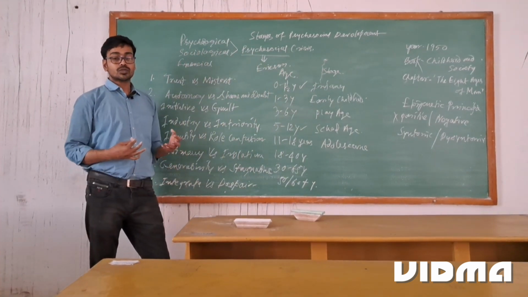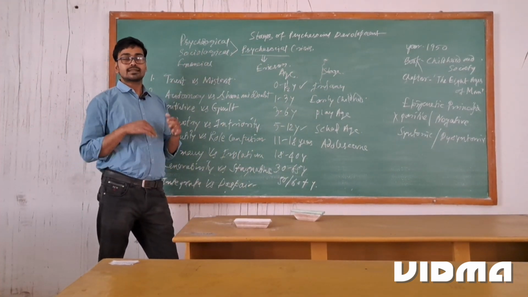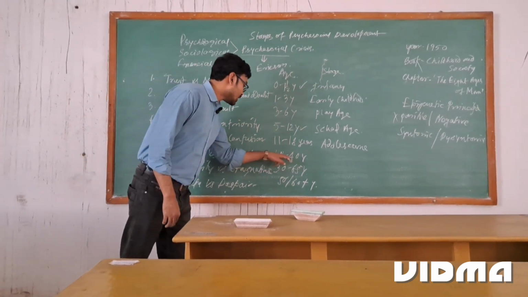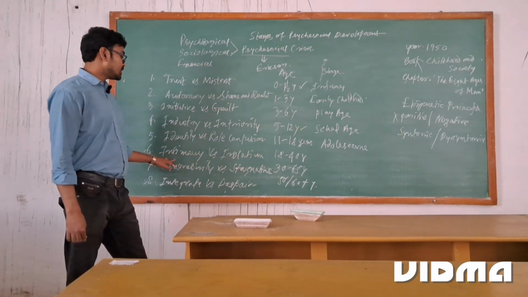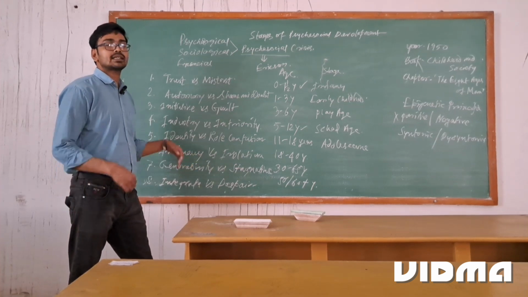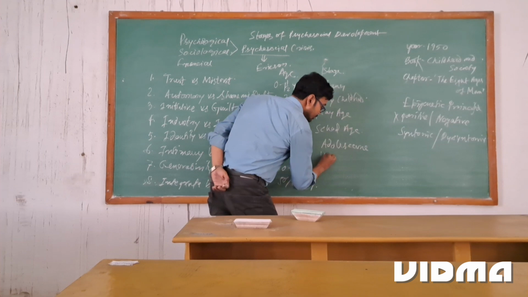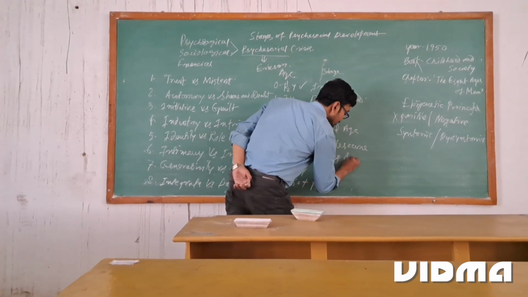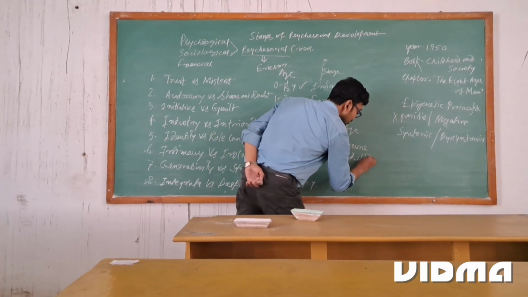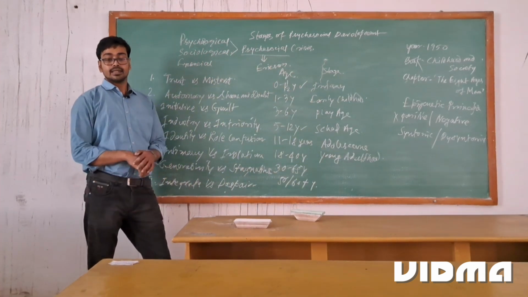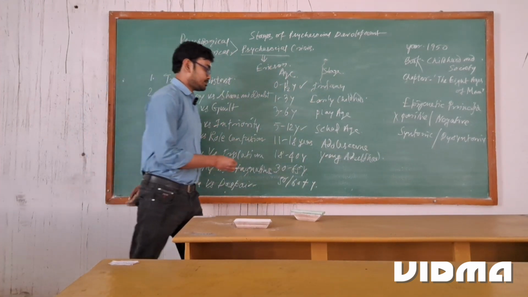And the next stage is called young adulthood, age 18 to 40 years, where the intimacy versus isolation crisis appears. And the next stage is called adulthood.